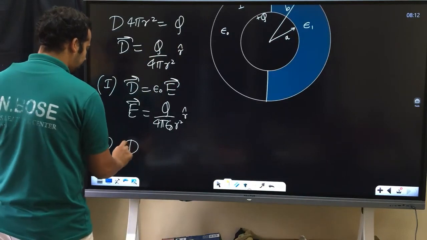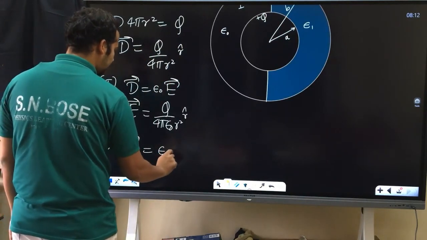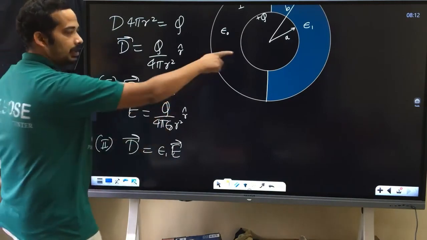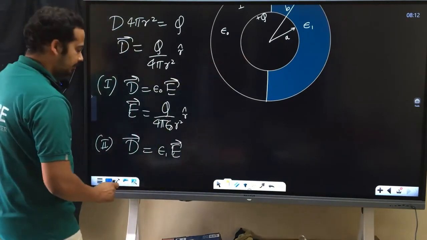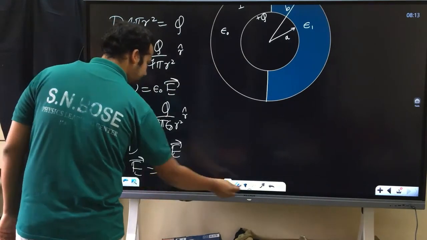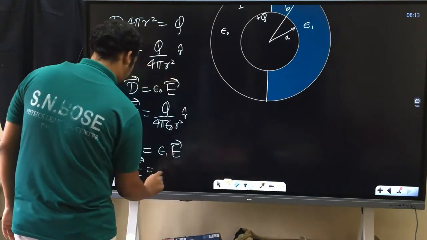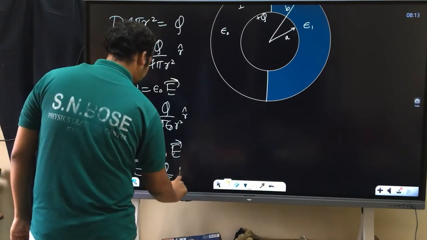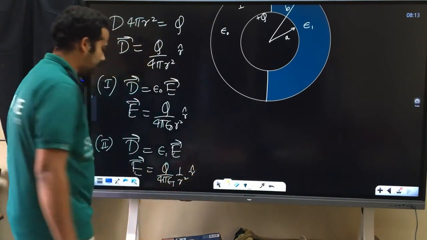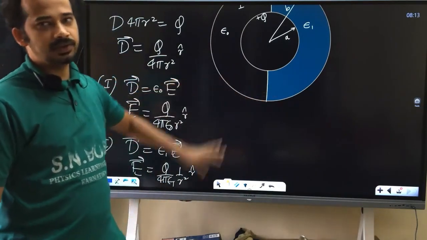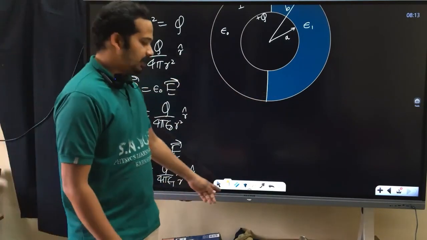In region 2, D is equal to epsilon 1 times E, because you have a dielectric medium there. So E is equal to Q by 4 pi epsilon 1 r squared r cap. This is the electric field in this region, and this is the electric field in that region. But it is wrong.